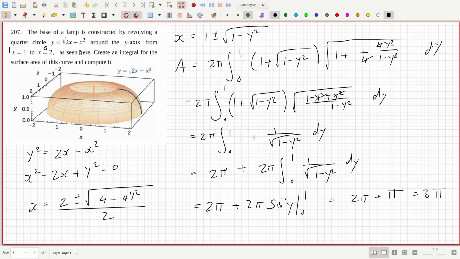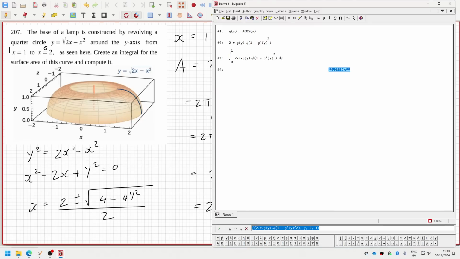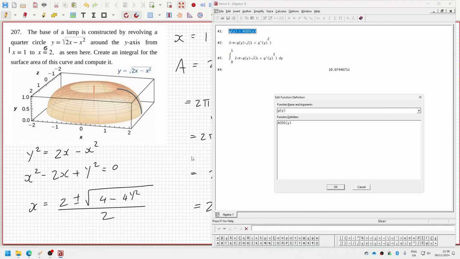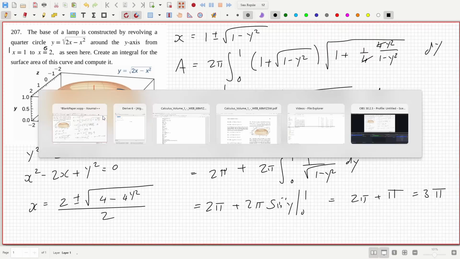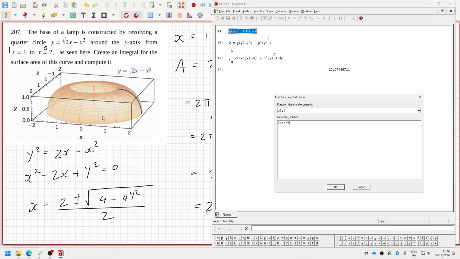Let me just check here. Hang on. Oh yeah, let me check here actually. 1 plus square root 1 minus y squared.